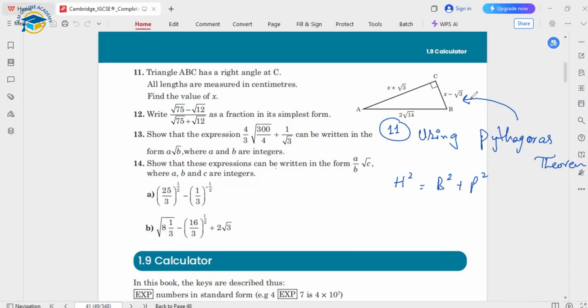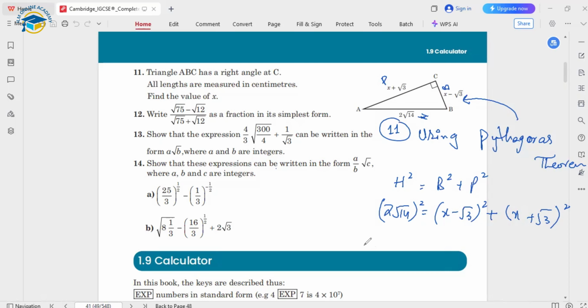If the right angle is given here, this is the base, this one is the hypotenuse, and this will be the perpendicular. So accordingly, you can use the values over here. Hypotenuse is 2 square root 14, and we need to take the square as well. Base is x negative square root 3, and we need to take the square for this as well. And the perpendicular is x plus square root 3, and we need to take the square for this as well.